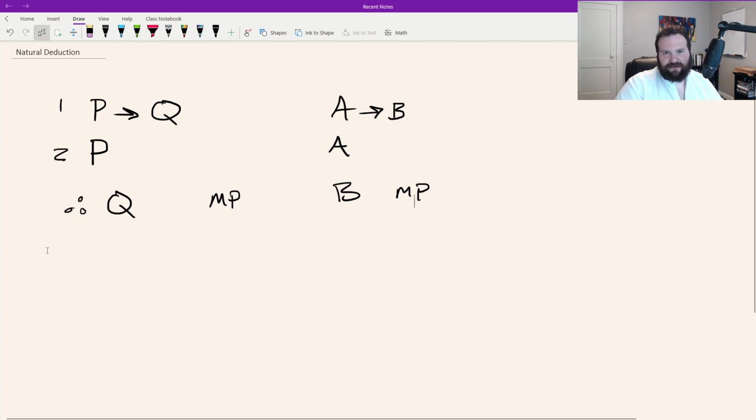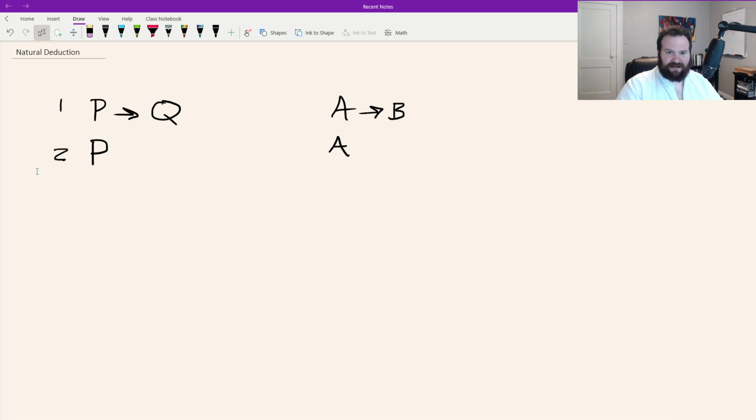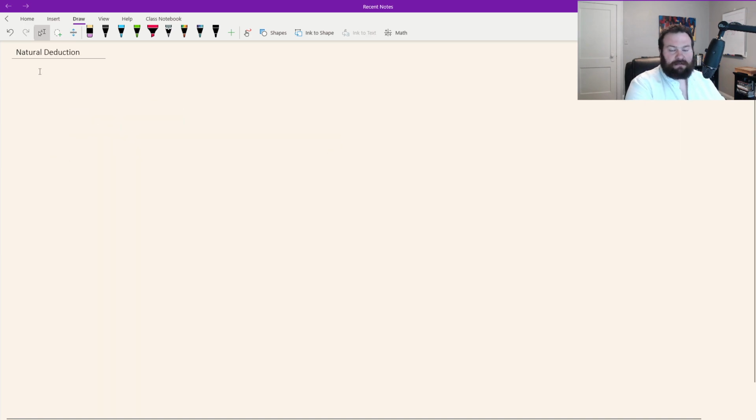So these inference rules that we're going to learn are going to allow us to transform things like these premises into conclusions while preserving validity. The idea being, if you can show that your premises allow you to produce the conclusion using only valid inference rules, you have proven that the argument is valid. Okay? All right.